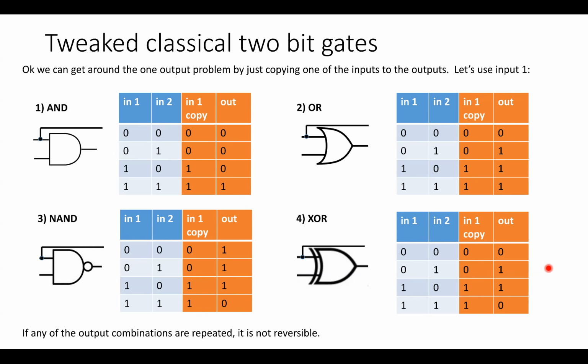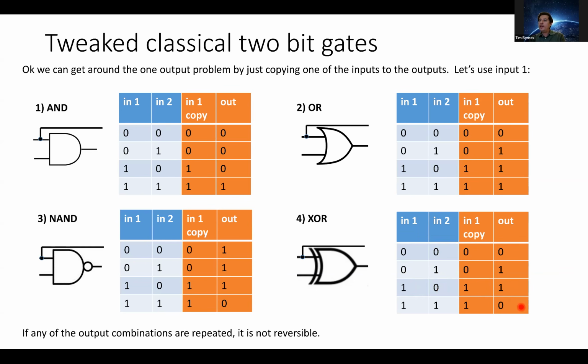Yes, this one you can, because basically we can work out what the rule would be. If it was 0, 0, then we know that the input was also 0, 0. If it's 0, 1, then the input was also 0, 1. But in this case, if it was 1, 1, then the second bit is the opposite of this one.